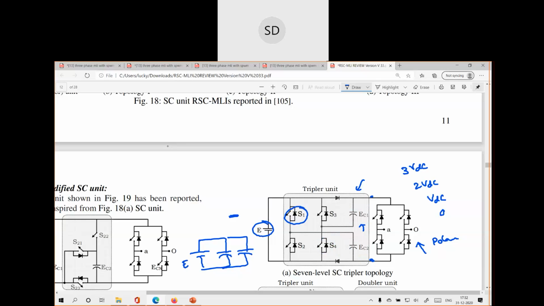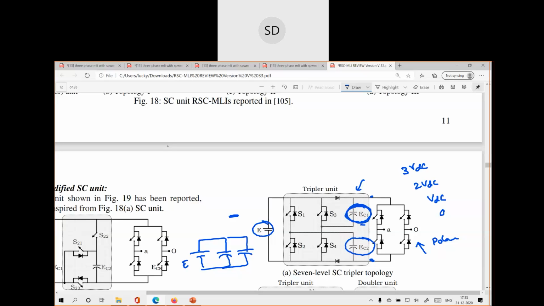If you want E voltage and you have not turned on any of the switches, you can automatically get E voltage. But you're not supposed to do that, right? Why are we not supposed to do that? These capacitors lost some voltage, and somehow we need to recover these capacitor voltages.